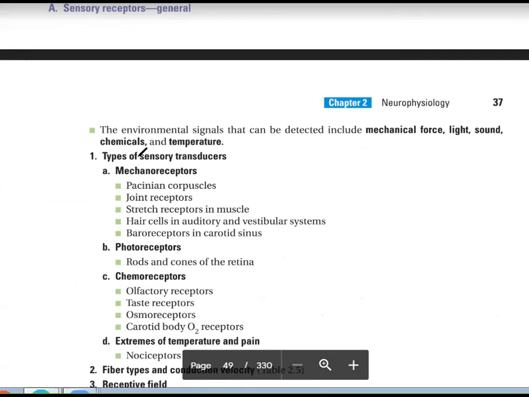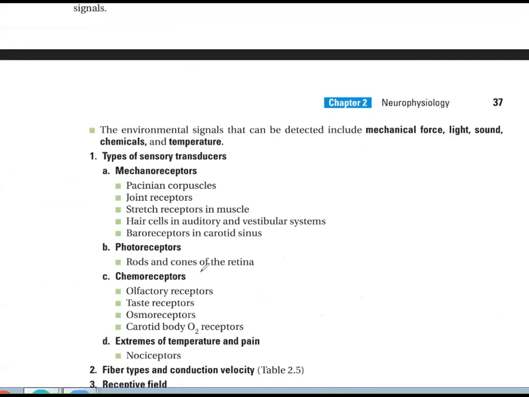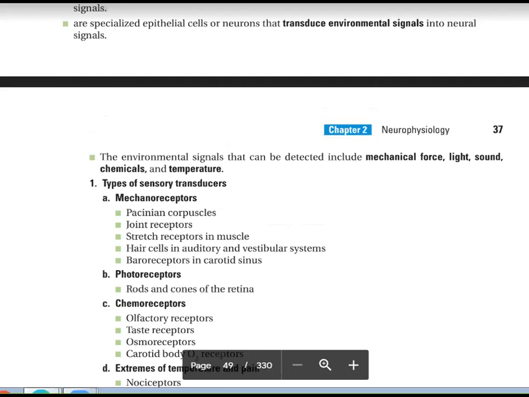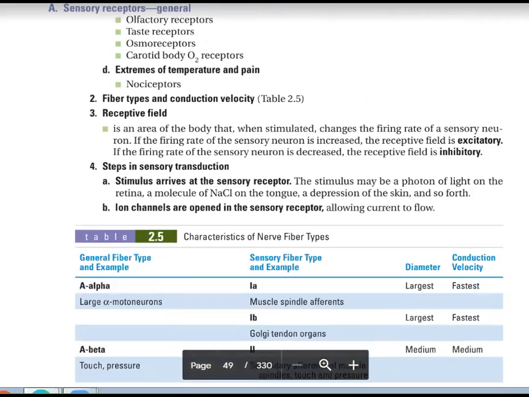I want to show you two charts. There are very good charts which can differentiate these types of receptors, so it will be easier for you to learn it this way. The way it is given in BRS is not that good. So maybe I'll put in those charts tomorrow, and we can continue with the sensory receptors.